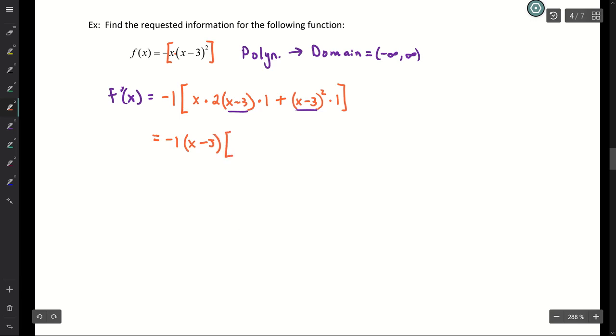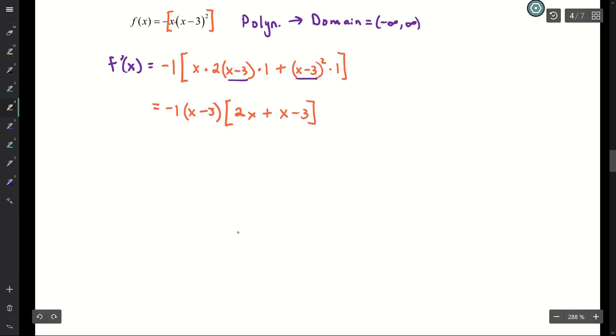Here I'd have an x times a 2 times a 1, so that's just a 2x. And then over here I would have a 1 multiplied by a single factor of x minus 3, which is just the same thing as x minus 3. And then there in the middle we had a plus, so we didn't have to worry about any kind of signs.